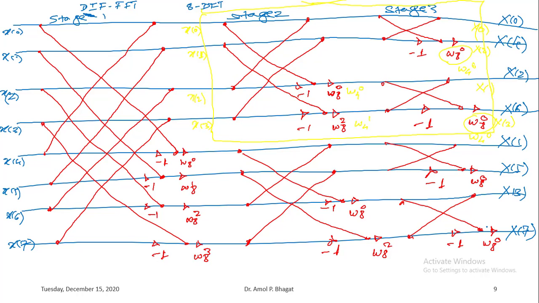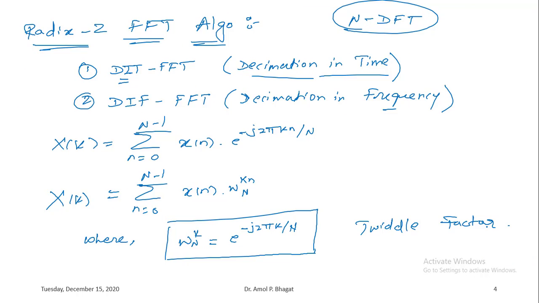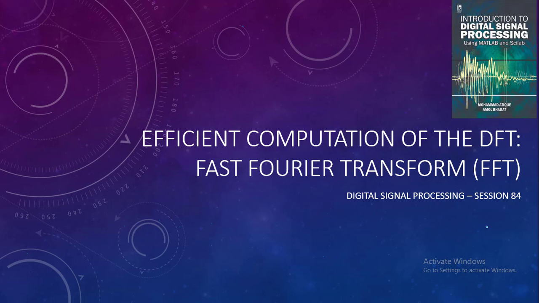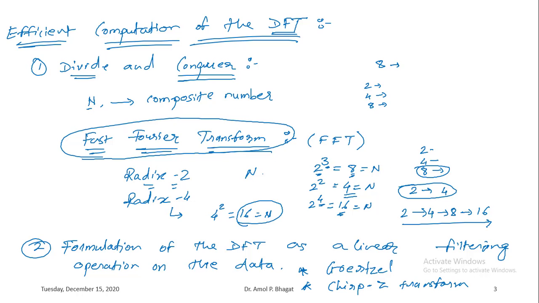Okay, so in today's session, what we have seen is that you can compute N-point DFT efficiently by using the divide and conquer strategy or by using formulation of DFT as a linear filtering operation on the data. In the divide and conquer strategy, we can use the fast Fourier transform for efficient computation of DFT. So there are two approaches, that is Radix 2 and Radix 4.